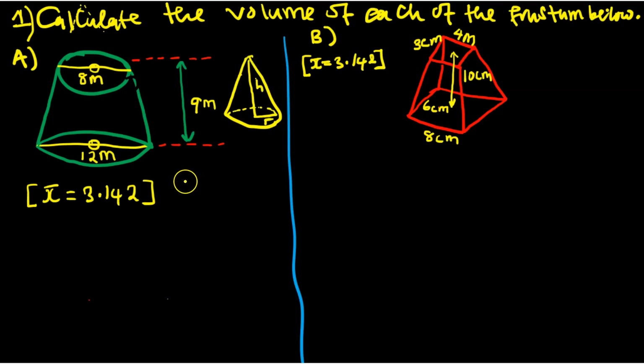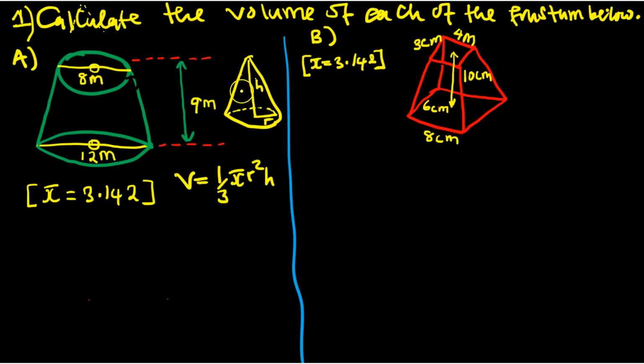Now, take note that in order for you to find the volume of the cone, which formula do you use? 1/3 pi r squared times height. Now, you want to find the volume of the frustum. Here you are not interested in finding the volume of the cone.